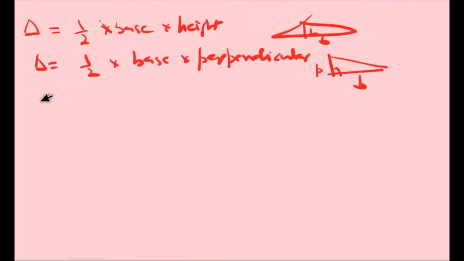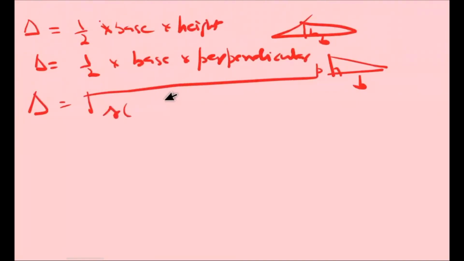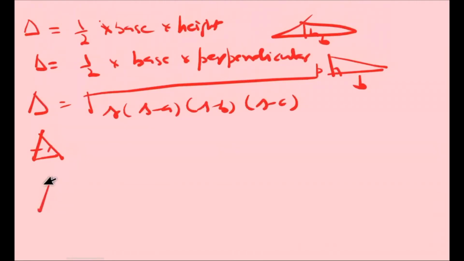Okay, and also we learn that area equal to under root S into S minus A, S minus B, S minus C. For isosceles, if two sides are equal, then what is the formula? And for equilateral, if three sides are equal, then area equal to root 3 upon 4 into side square.